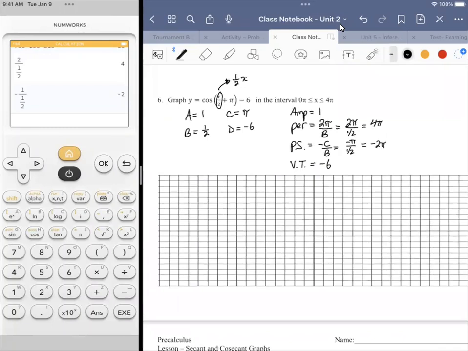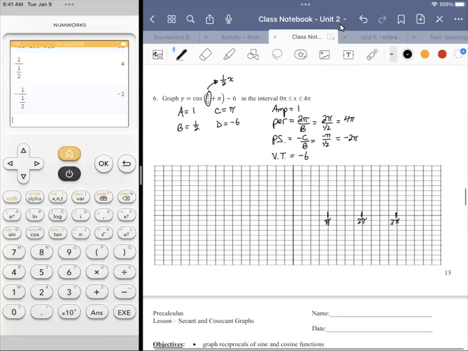We're going to start this graph off pretty much the same way we started the last one off. 4 units to equal pi, 2 pi, 3 pi, 4 pi. All right. This graph has a vertical shift, so it's going to shift down 6 units.